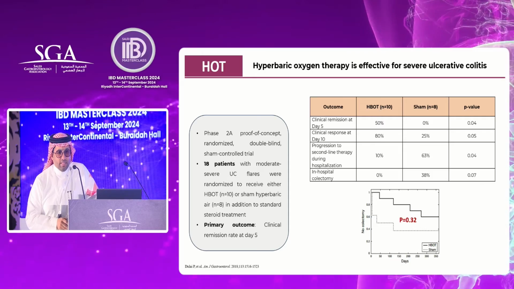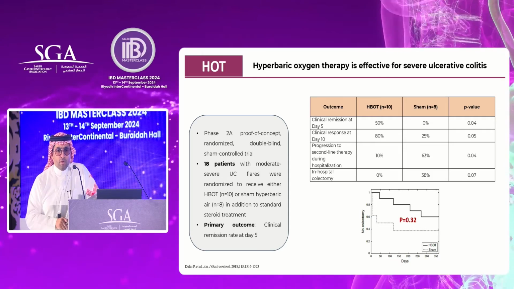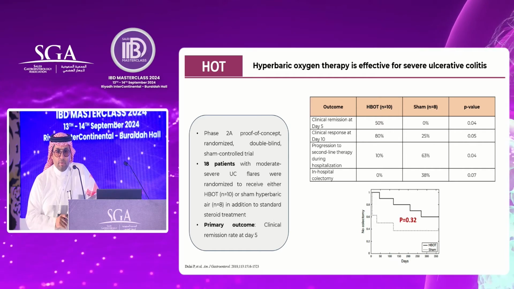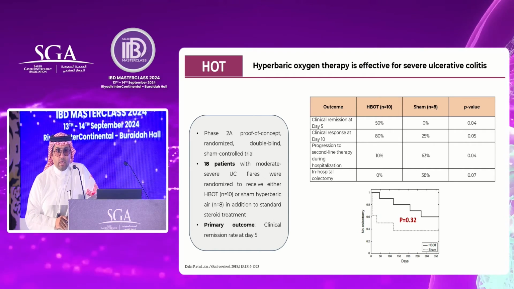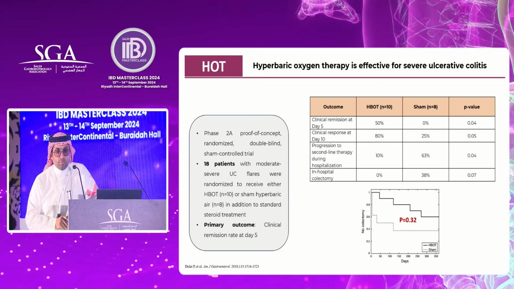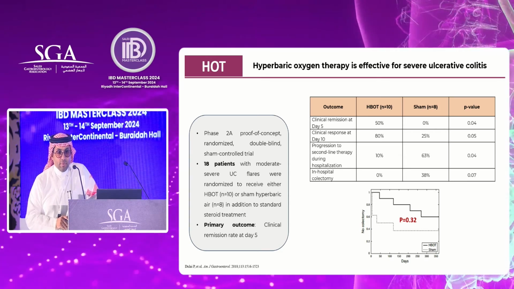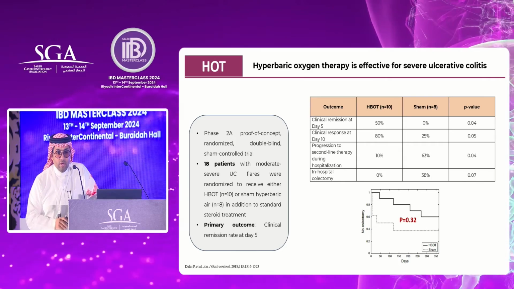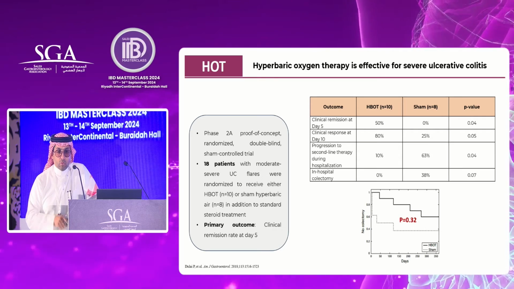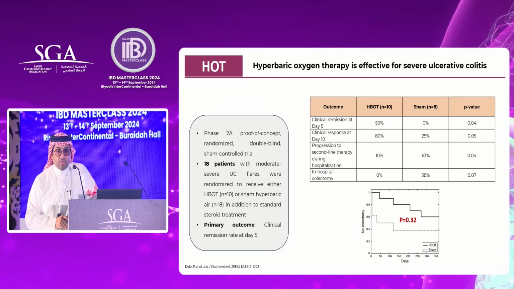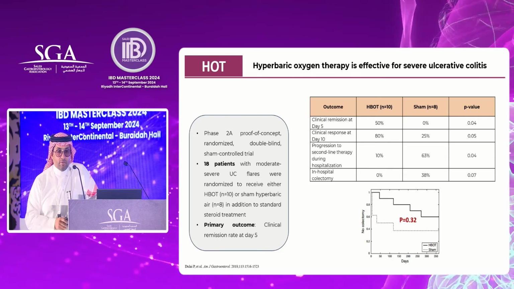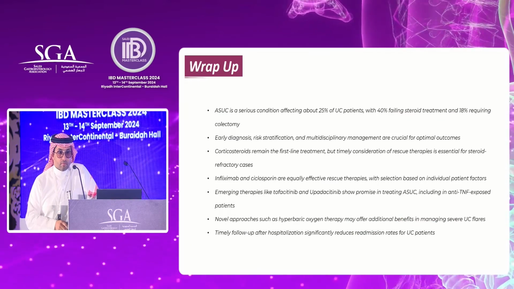They included around 18 patients in two groups, hyperbaric oxygen versus placebo, and it was better in clinical remission at day 5 and clinical response at day 10. But there was no difference in colectomy. This study is still ongoing, and there is a signal that maybe we will have some new treatment modalities in the future.